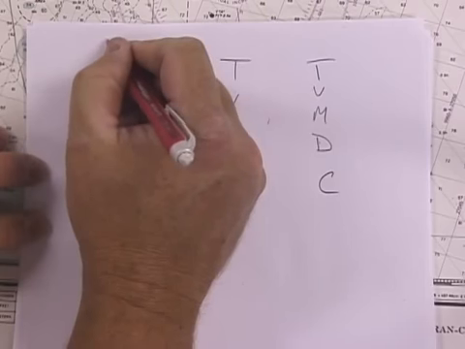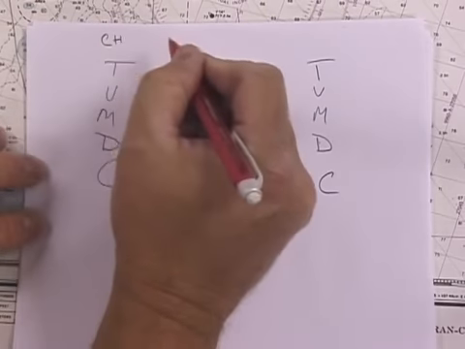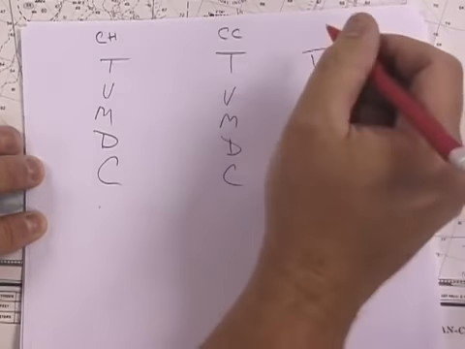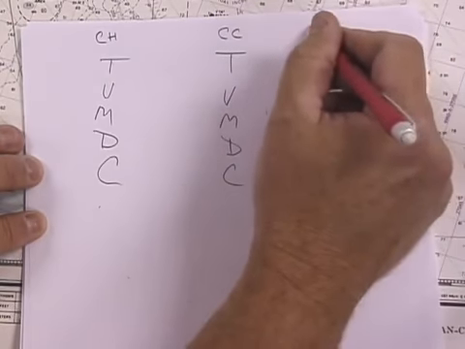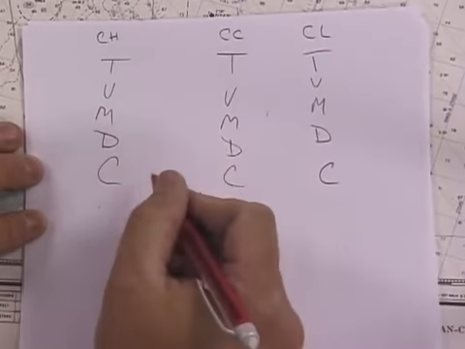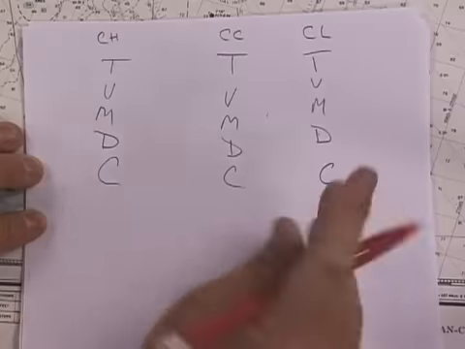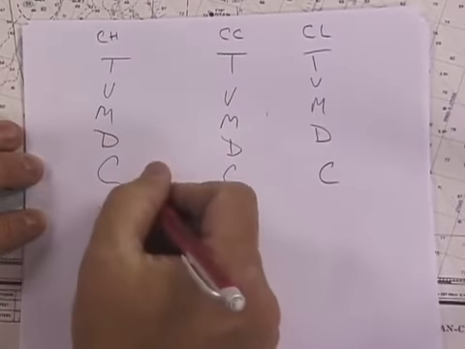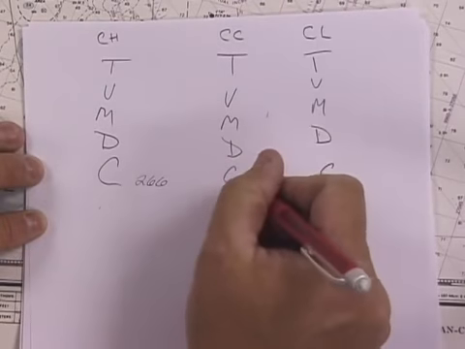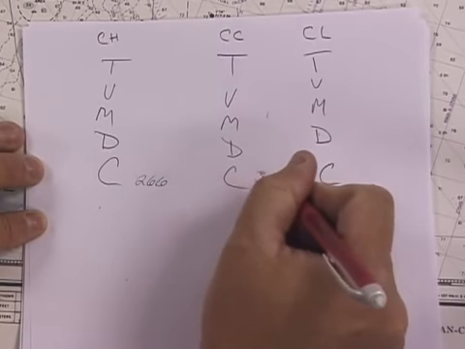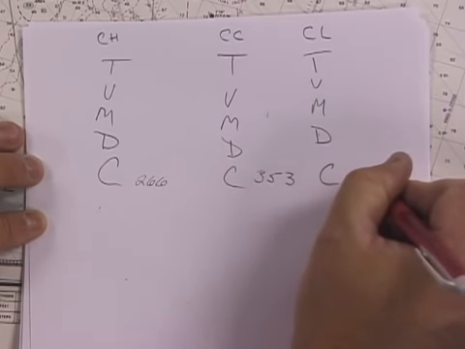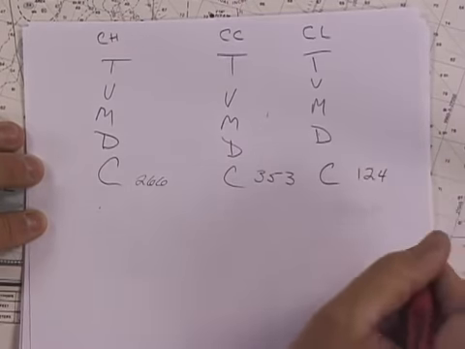I'm going to label this CH for Cape Henry, this one CC for Cape Charles, and Chesapeake Light. Looking at your problem, I'm going to go ahead and get it all down on paper: 266 for Cape Henry, 353 for Cape Charles, and 124 for Chesapeake Light.